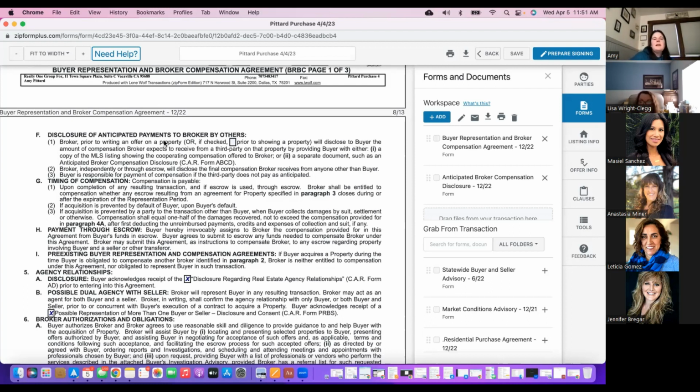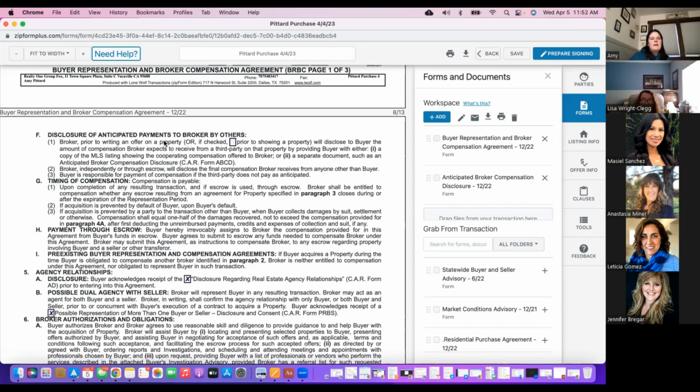So if the seller's not paying the commission, you would submit this to the title company so that they would have instructions of what the buyer owes you as part of commission. This could also be submitted to the lender as well as proof that the buyer has additional closing costs. It does need to get disclosed. If the buyer is paying you commission from their funds and they are financing the deal, the lender needs to know about it. Otherwise, it's going to screw up that closing disclosure and delay the close of escrow.